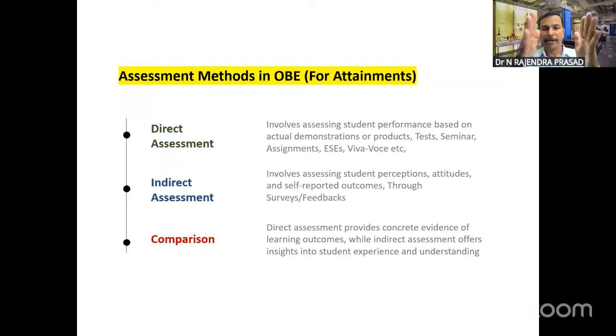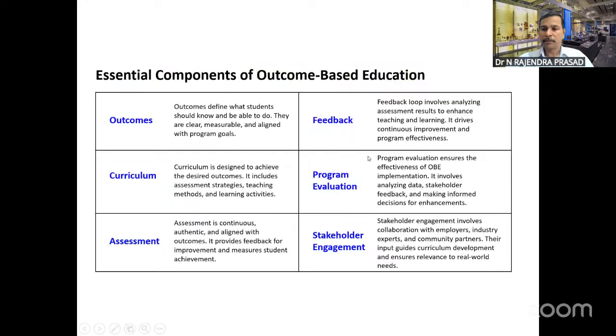So if you compare the results of direct assessment with the results of the indirect assessment, there will be scope for improving the quality, and there will be a concrete evidence of achieving the learning outcomes by the student. That's what you have to evaluate the attainments by two types of assessments, that is direct and indirect assessments.